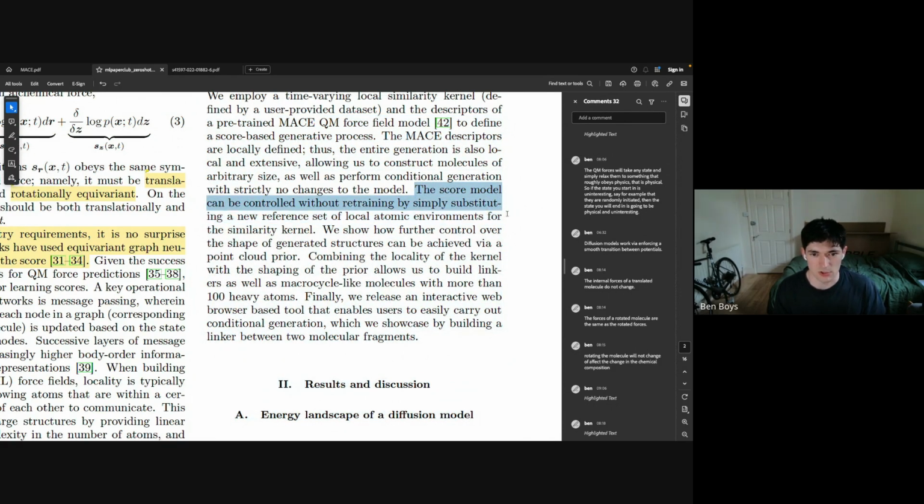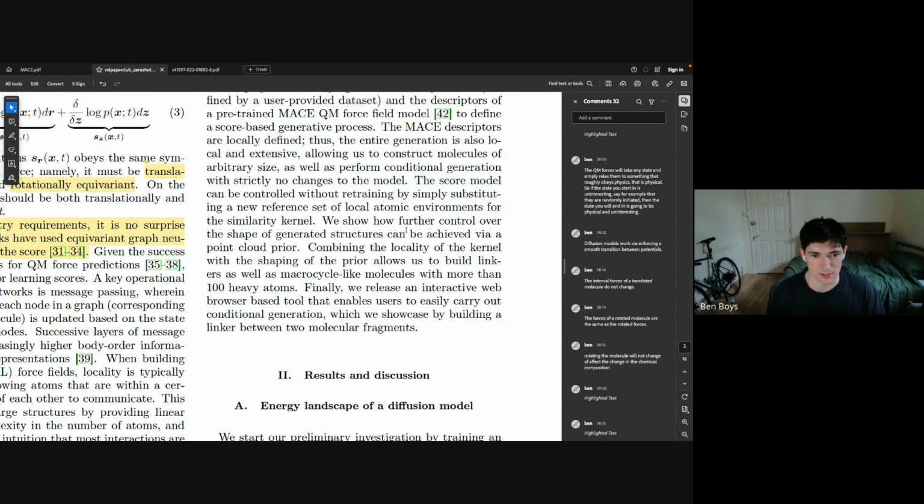So the score model can be controlled without retraining by simply substituting a new reference set of local atomic environments for the similarity kernel. So they're actually just going to do the zero shot. Once they've got these features from the pre-trained network, they're going to put them into something that mimics diffusion, which is not quite diffusion, but it mimics diffusion, and then show how to choose a context set of these local features to generate structures which fit into a point cloud prior, which might be the trajectory of the atoms across two fragments of molecules, like that diagram that we saw here.